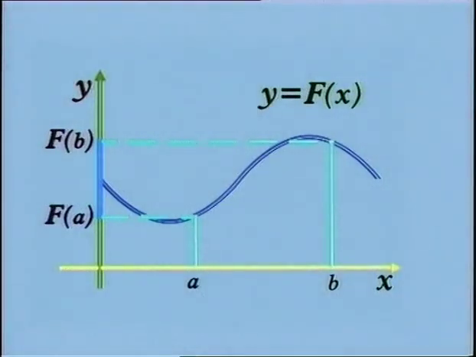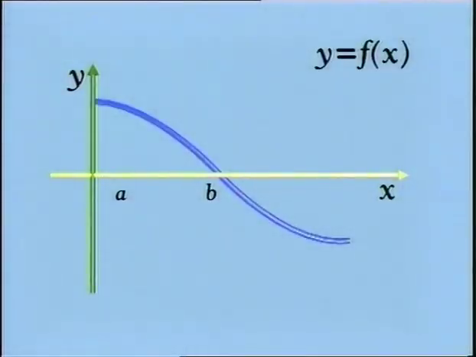That concludes our visual survey of integration. We've shown that the definite integral of little f from a to b represents the change or accumulation from x equals a to x equals b in any function big F of x whose derivative is little f of x. We've described an iterative process which can be implemented on a computer to calculate a definite integral or tabulate values for an antiderivative.